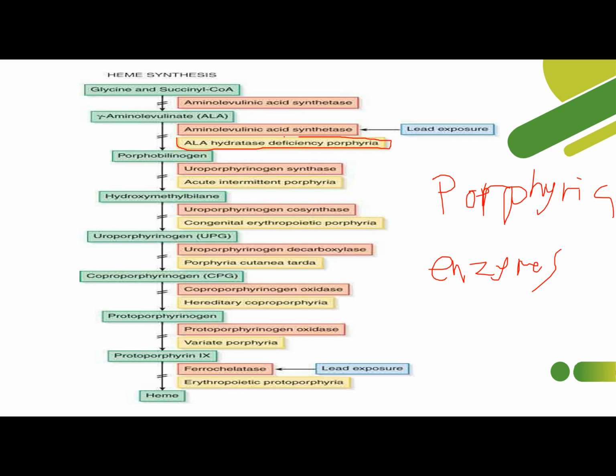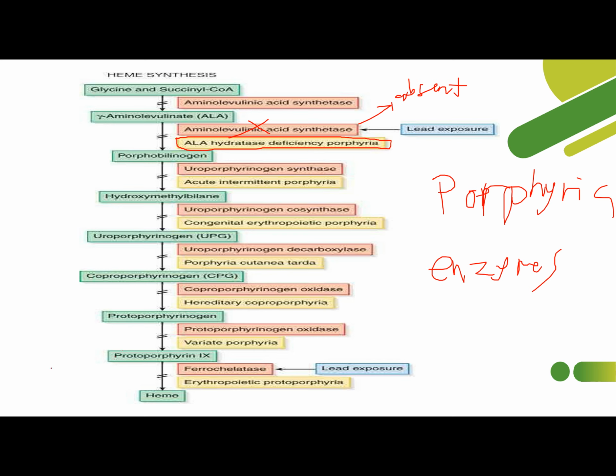This would occur if your aminolevulinic acid synthase is absent. If it is absent, it would produce a disorder known as ALA hydratase deficiency porphyria. So take note of that. The cause of ALA hydratase deficiency porphyria is aminolevulinic acid synthase deficiency.